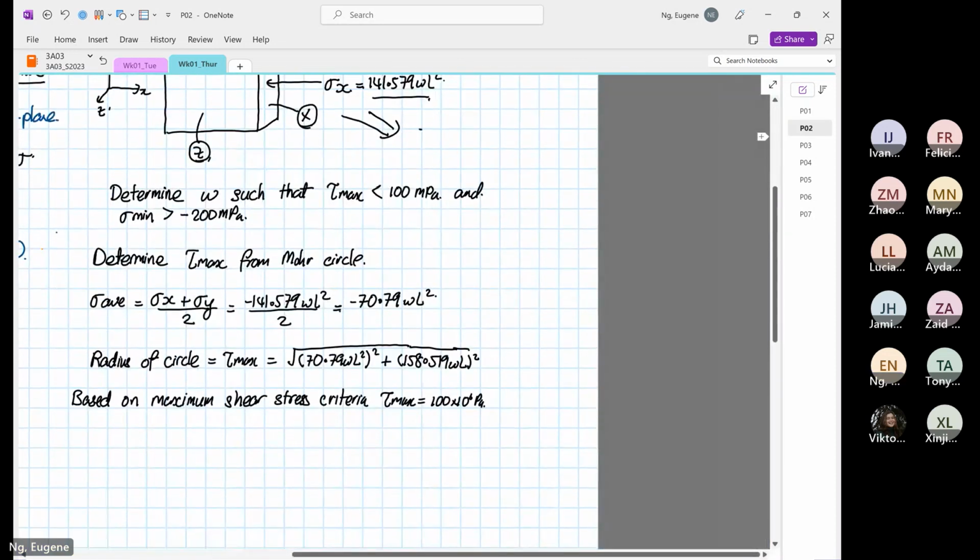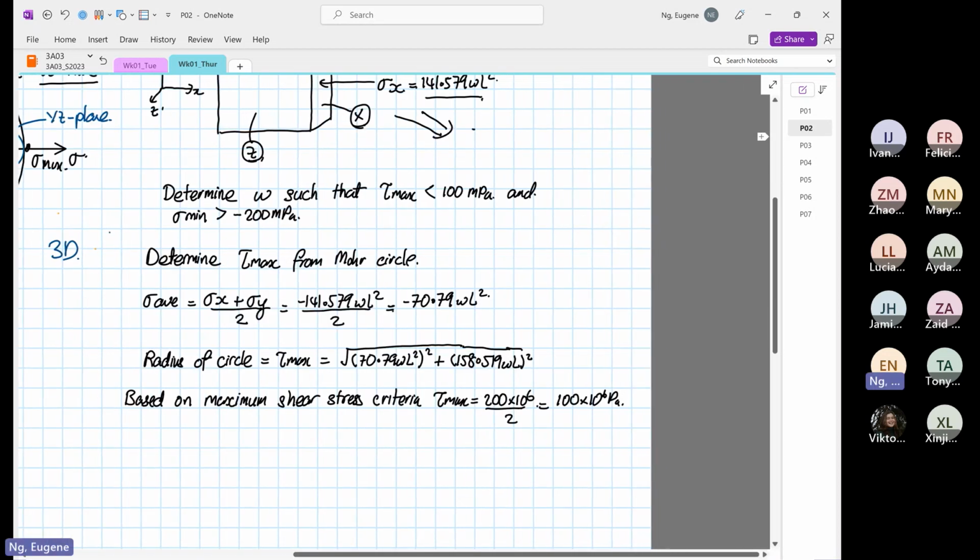Basically, this is equal to 200 times 10 to the power 6 divided by 2, so this is equal to 100 times 10 to the power 6 Pascal. From here, we can form this equation. I'm going to drop the square root and bring it over to the other side.